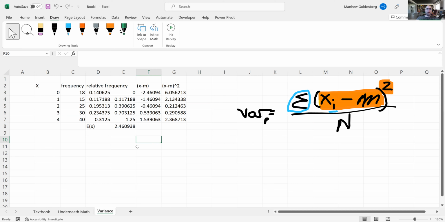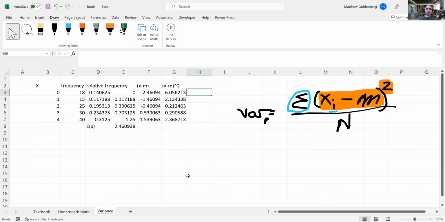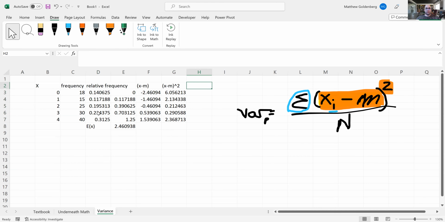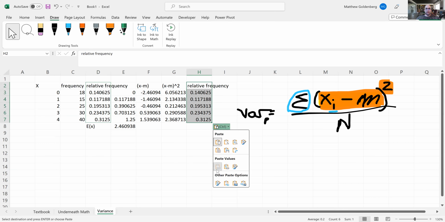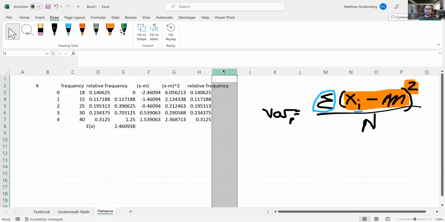So what I want you to hearken back to when you think about this is that taking the sum is exactly the same thing as if we multiplied by relative frequency. Let me show you why. We're going to bring over relative frequency over here, and I'm going to give myself more space so I can continue this table.